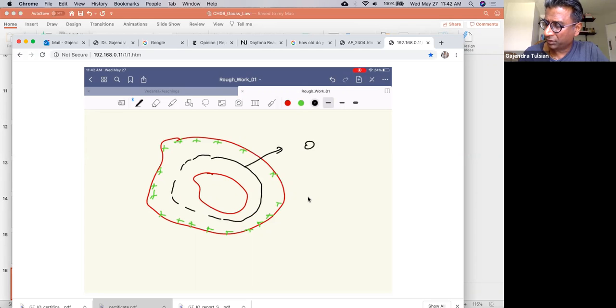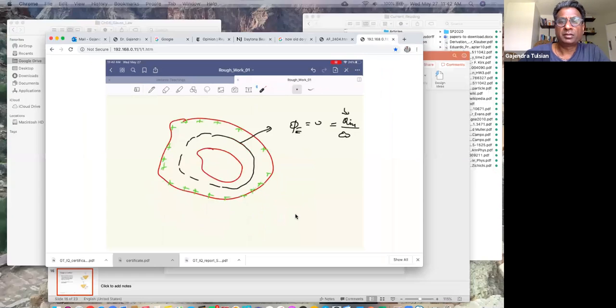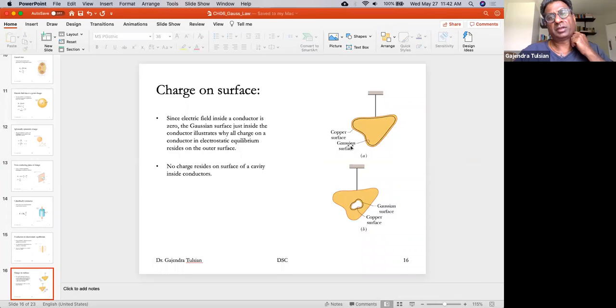flux through this thing is 0, since the electric field is 0, and so that must mean that the charge inside is 0. So this charge inside this surface must be 0. And you can squeeze the surface all the way to here, and there's no charge there. That's what this thing is showing you.